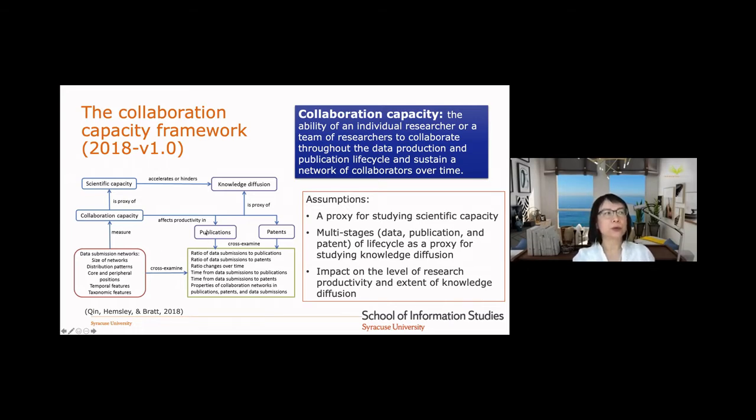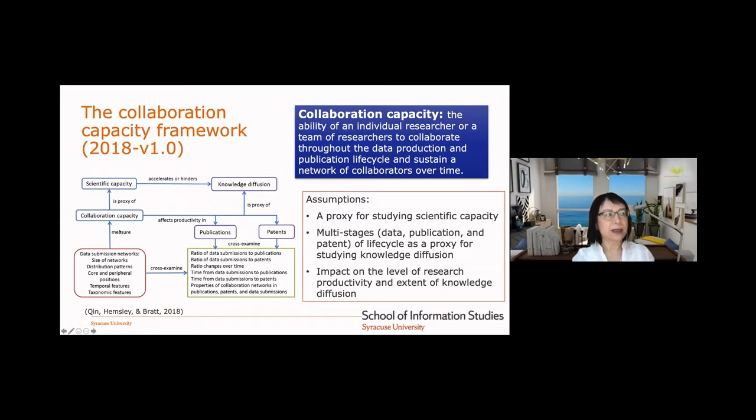To illustrate the concept, we drew this diagram. On the top, you will see that scientific capacity can accelerate or hinder knowledge diffusion, depending on how effectively the scientific capacity is used. Collaboration capacity is a proxy of scientific capacity.